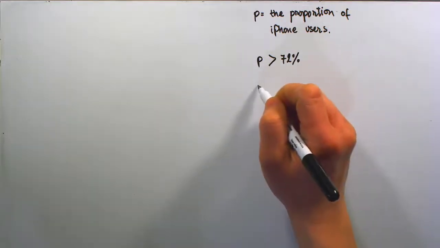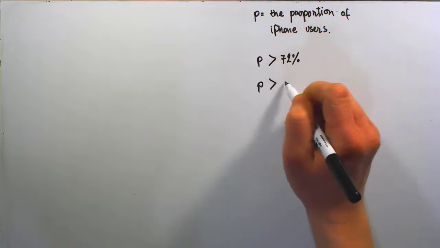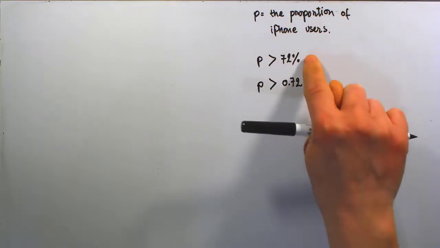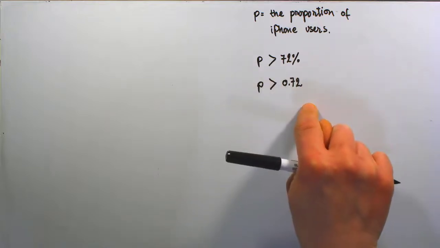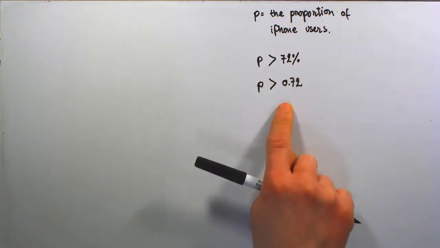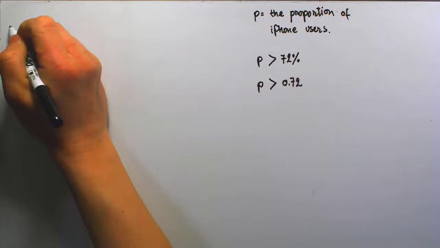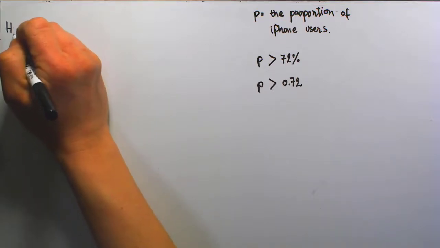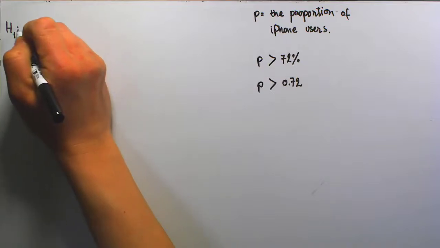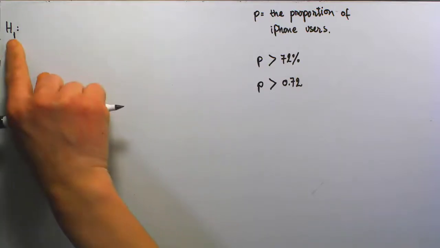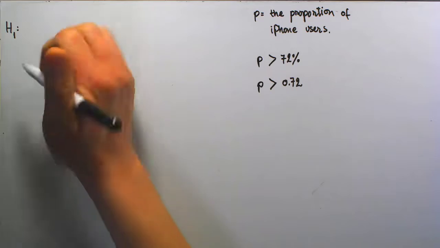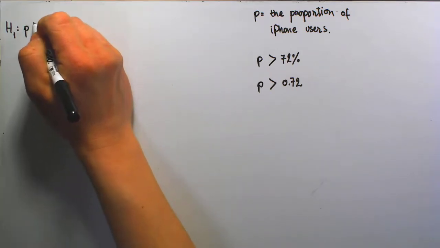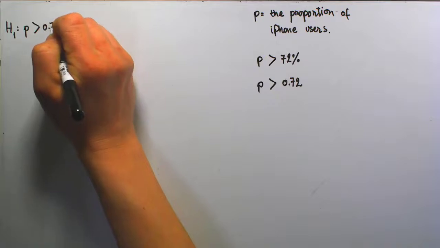This statement is the same as saying that P is greater than 0.72 because a lot of times we write percentage as a decimal. So now from our understanding from the general lecture about testing a hypothesis, we can identify for ourselves an alternative hypothesis, H1, which says we want to prove that P is greater than 0.72.